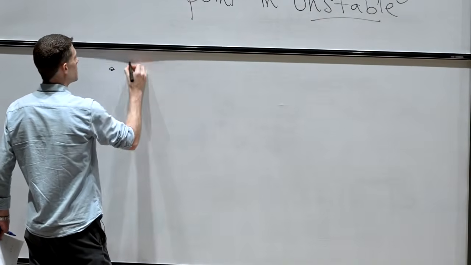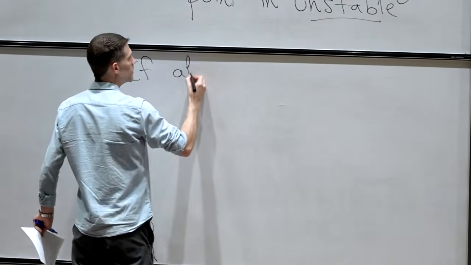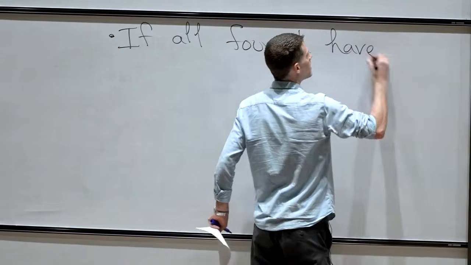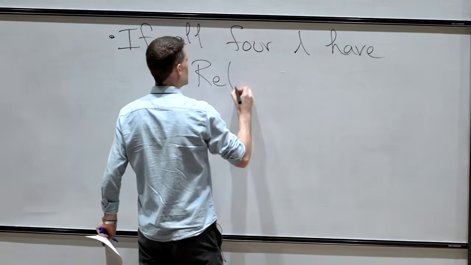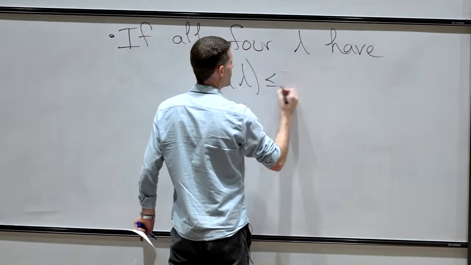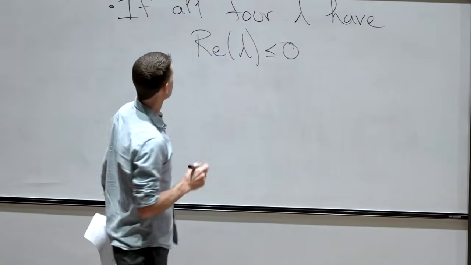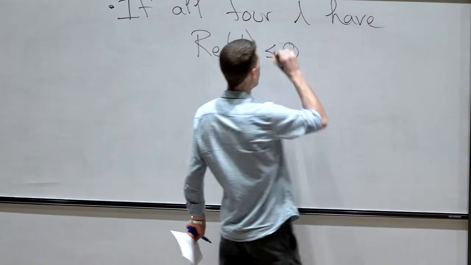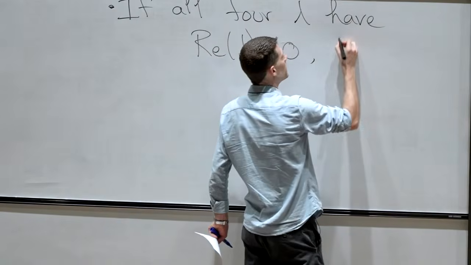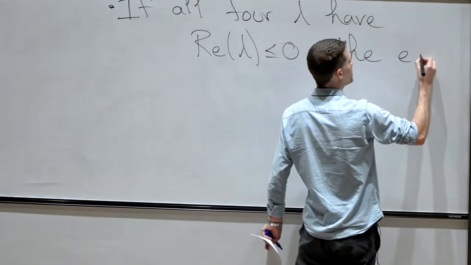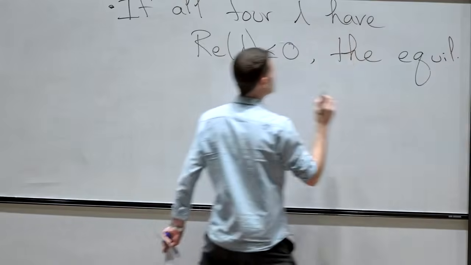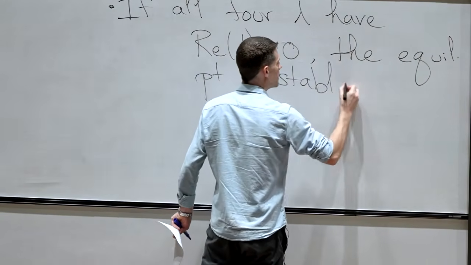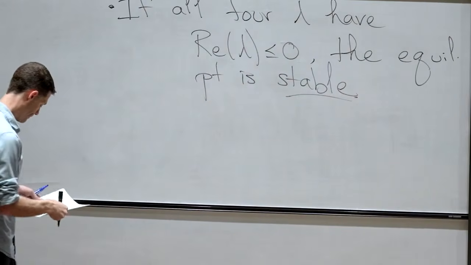So if all four lambdas have non-positive real parts, the equilibrium point is stable.